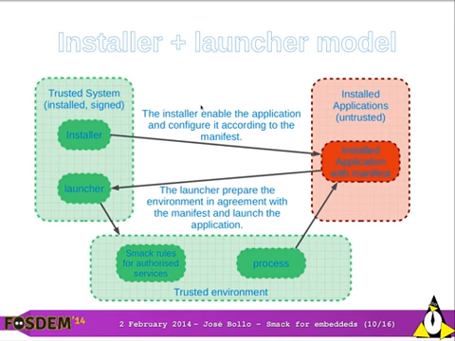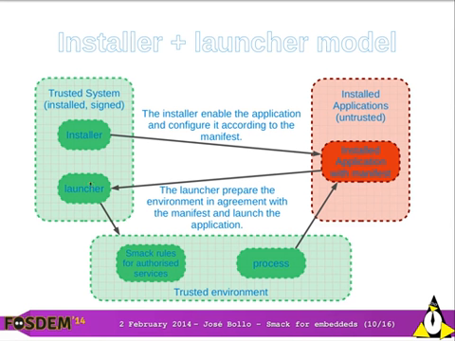There is another model. This model is composed of an installer and a launcher. It has some similarities with the other one, but when the application is installed, the installer assigns the application and tells the security that the application has received grants from the user.